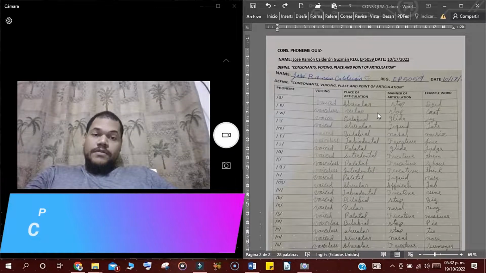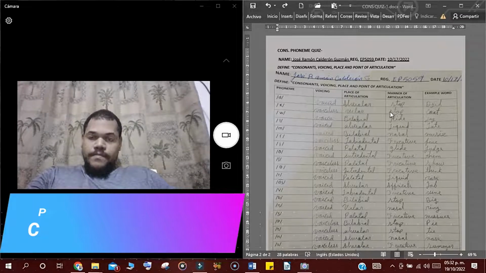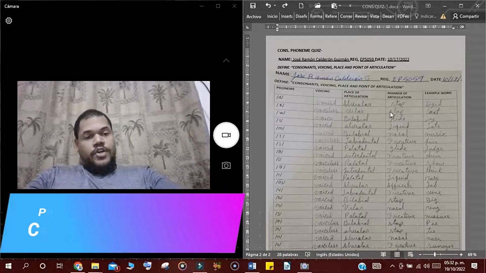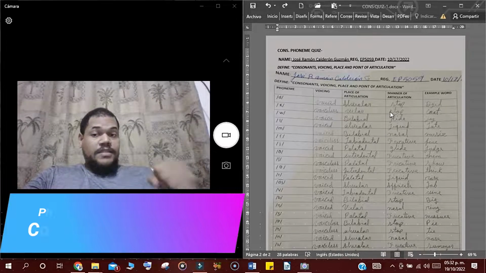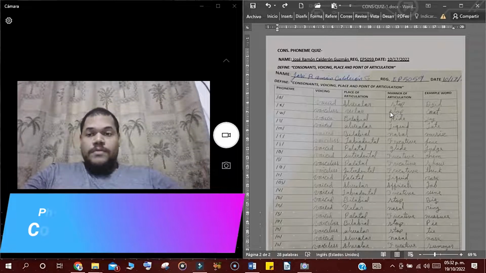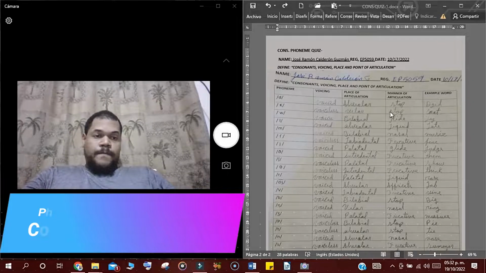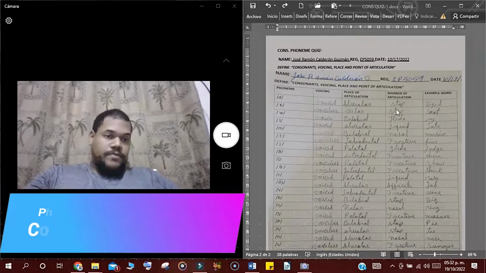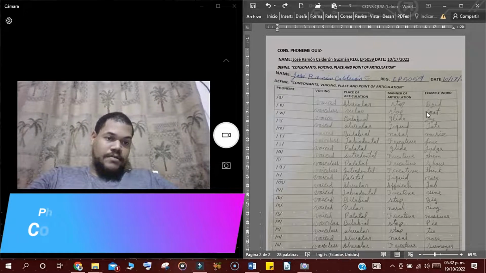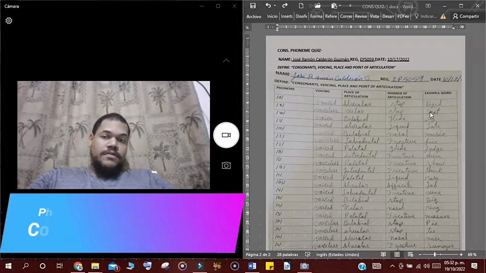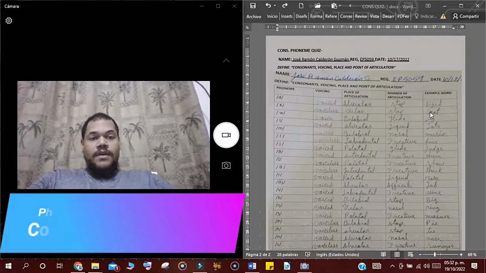According to the manner of articulation, this sound is a stop, plosive, because the air is held for a while and then released in a plosive manner. The word to represent that sound is code.